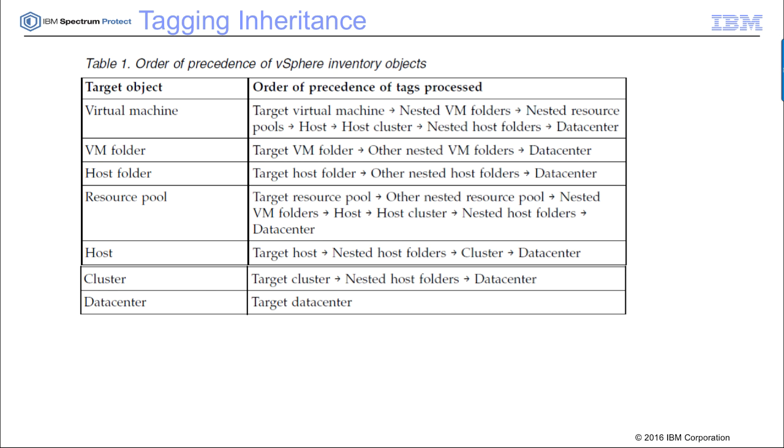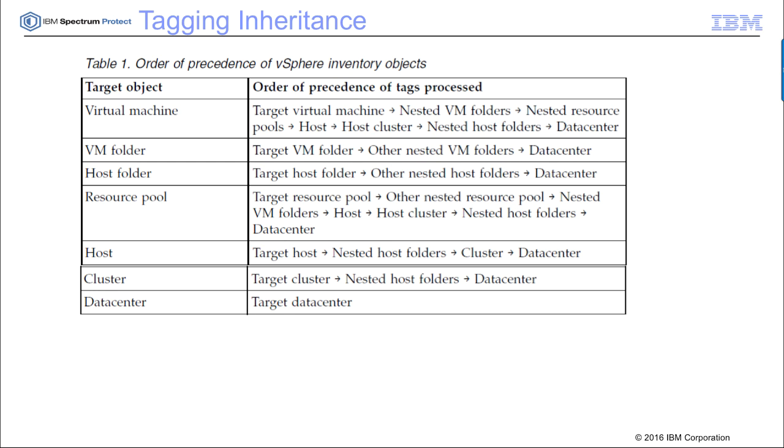The next thing we're going to talk about is assigning tags to containers and to virtual machines. So where we are in the process now is we've gone in and configured our data movers, we defined our basic schedules, and we've gone in and configured the load balancing for those schedules so that our virtual machines can get backed up on a nightly basis.